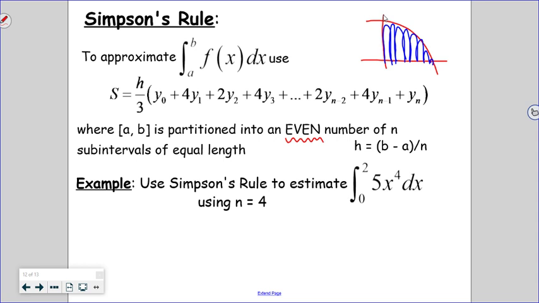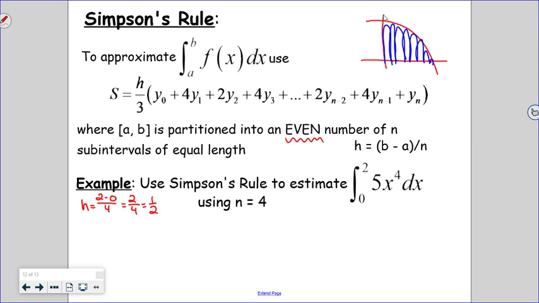Okay. So using our Simpson's rule to estimate, I like this example for the fact of talking about the different lengths here. Your height that we would use, take your interval 2 minus 0. Your interval has a length of 2. We are dividing it into 4 equal units here, or a height of 1/2.